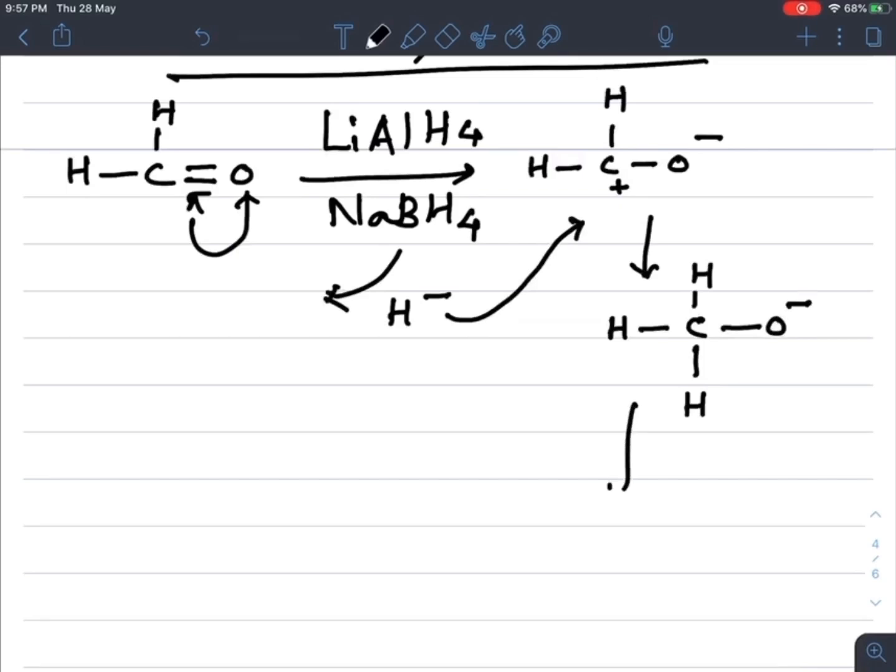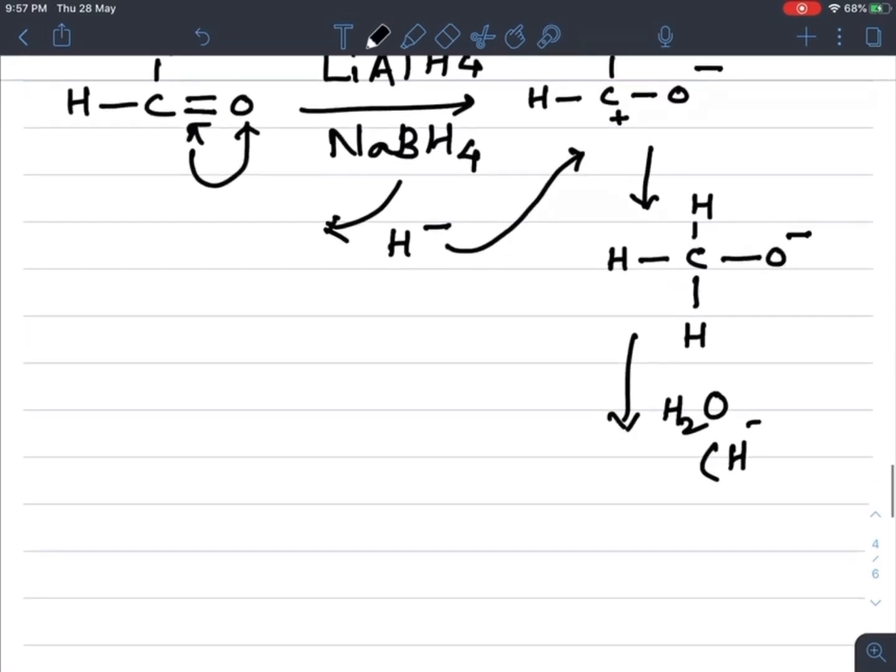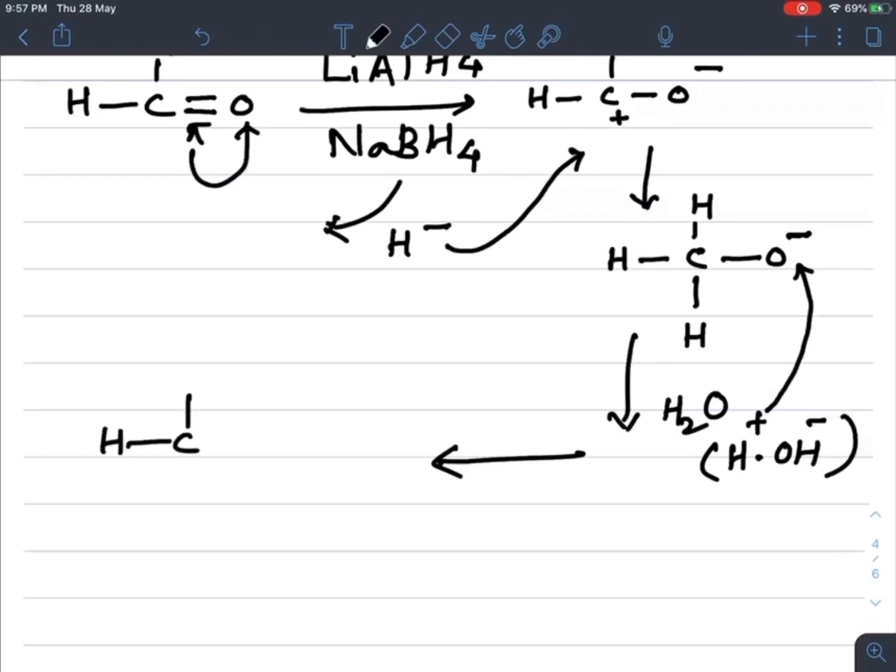Now when it comes in contact with water, the breakdown of water takes place, giving H plus and OH minus. This H plus, without electron, is bonded with this O minus, and finally we get the product. What is the product? This CH3 as it is, and here O forms the bond with H plus.